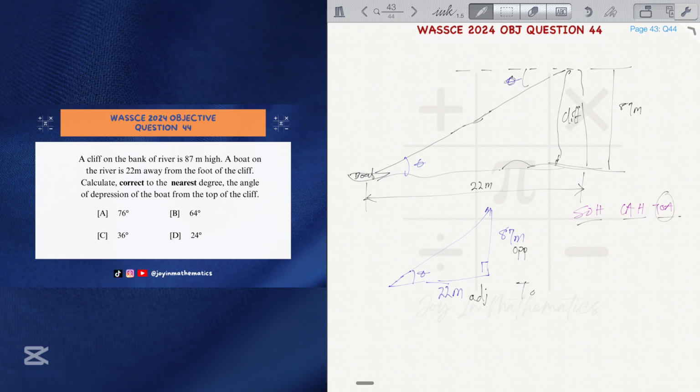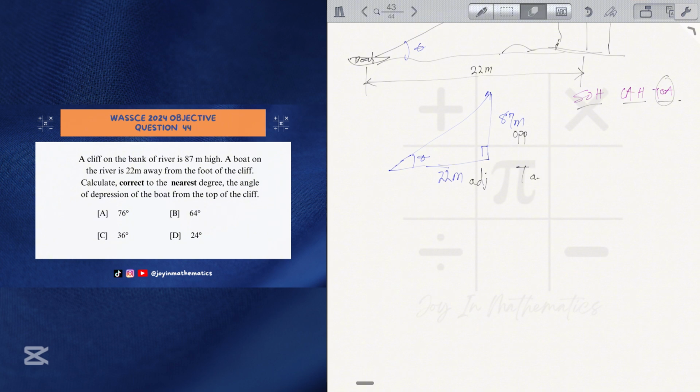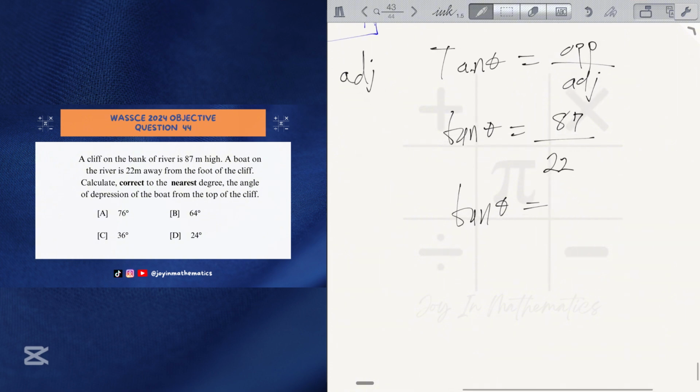So we are saying tan theta is equal to opposite divided by adjacent. So tan theta is opposite 87 divided by adjacent 22. When we simplify this, we'll have that tan theta is equal to 3.9545.